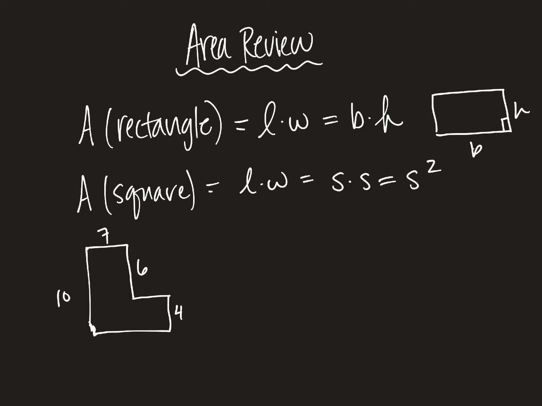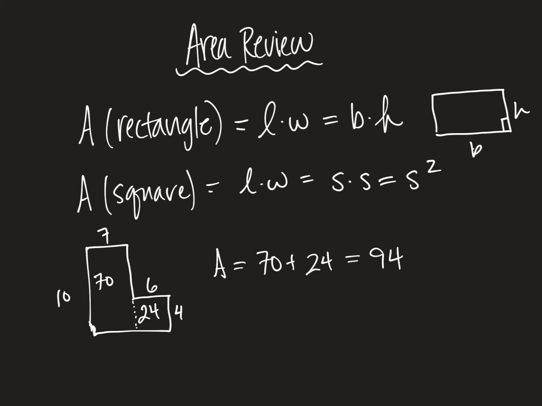And you'll have to find the area of this figure. So you'll want to separate it off. And, oh, I put that in the wrong place. This guy goes down here. 6. So we could say this is 24. And we could say that this is 70. And so the area of that figure would be 70 plus 24, which is 94.